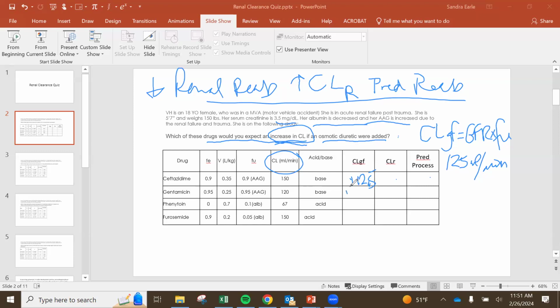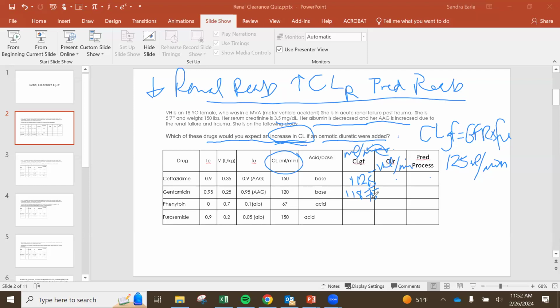So that's going to be 118.75 mils per minute. And this is all in mils per minute, because we want to make sure that we're comparing apples to apples. So we're going to need to make sure our renal clearance is in mils per minute, aren't we?